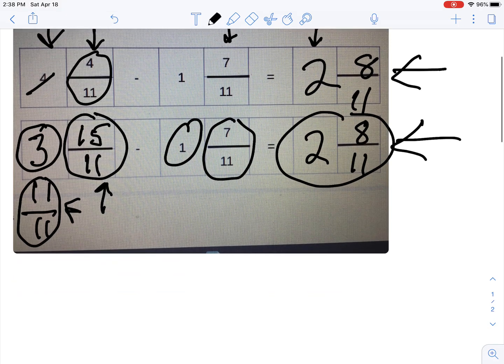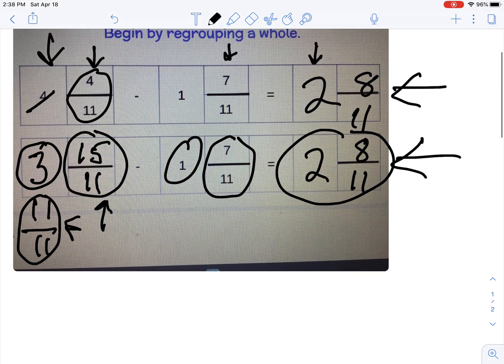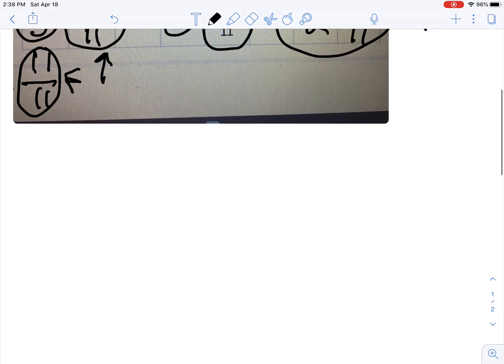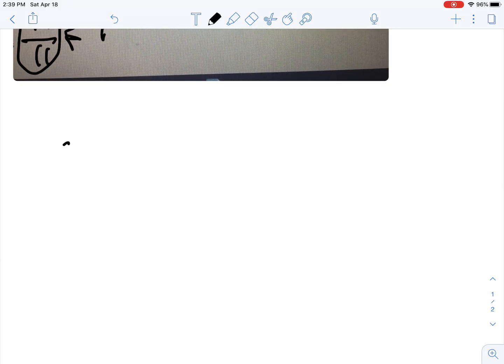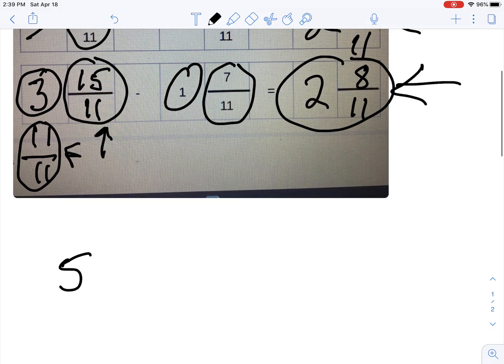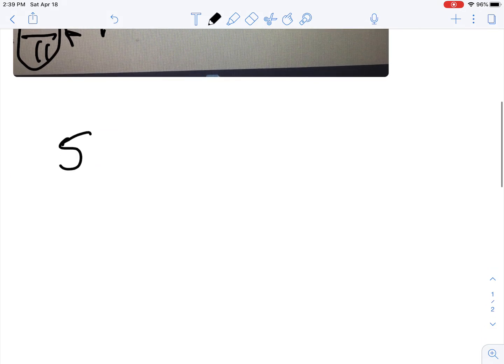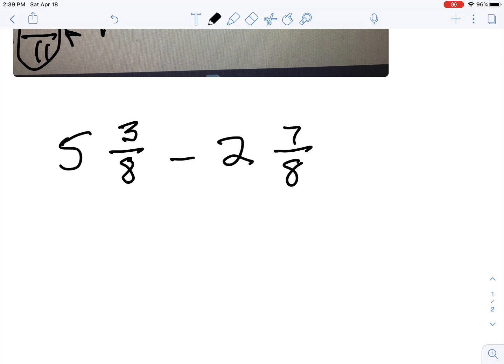If this is confusing at all, rewatch it. If not, I'm gonna have you try one of these problems right now. So here's what I want you to try. Let's do 5 3/8 minus 2 7/8.